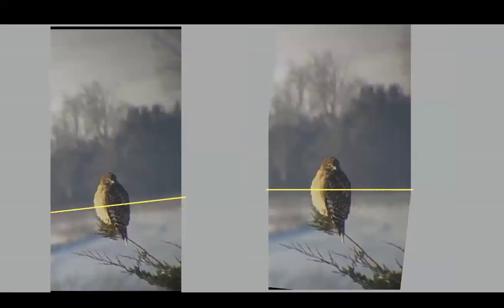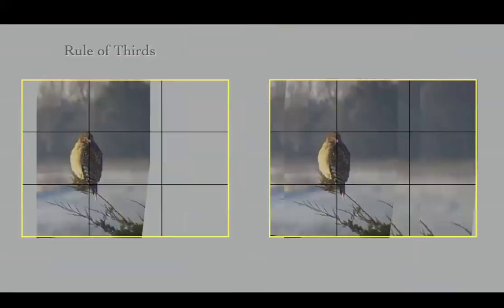The other thing I might do with this picture is that it looks like the horizon line is a little slanted because the trees are growing up perpendicular to a slanted horizon line. So I would tilt the picture a little bit. And we've talked about rule of thirds before. This is an excellent photo to play around with rule of thirds if you want to.